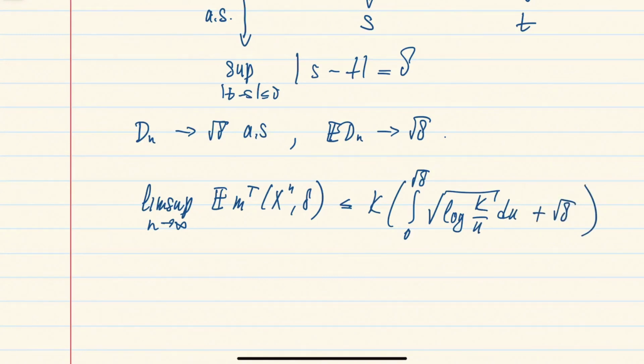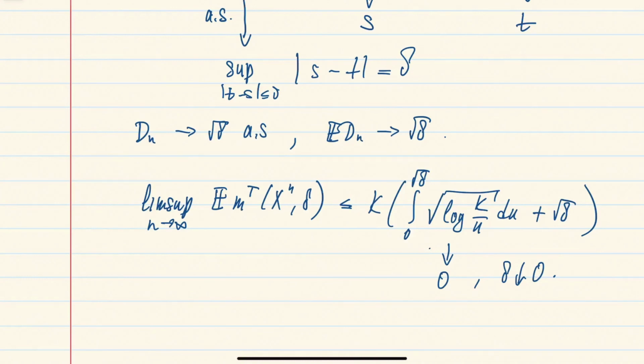And finally, we want to take the limit as delta goes to 0 in order to conclude this uniform equicontinuity, or to conclude that the sequence of our processes is uniformly tight. But it is clear that both terms on the right hand side go to 0 when delta goes to 0.